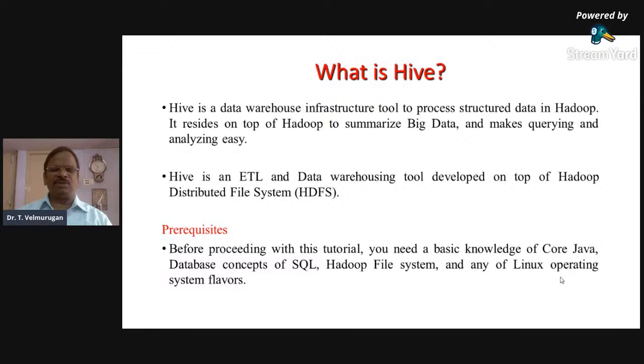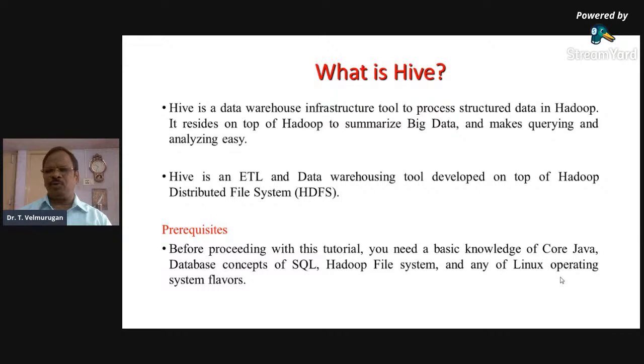The data warehouse contains big data, large volumes of information, huge volumes of information. So how can we process huge volumes of information using a special kind of software technology, that is, a special kind of infrastructure tool called Hive? So it is a data warehouse infrastructure tool to process structured data in Hadoop.